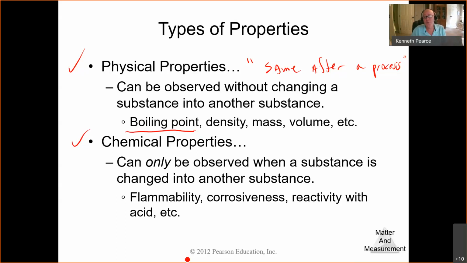If you're trying to determine the boiling point of ethanol, you heat it up until it starts boiling, but once it starts boiling, it's still ethanol. You put something on a scale, it doesn't stop being what it is. Okay, so that's a physical property. Chemical properties, as it says right here, are observed when the substance changes, so it's different after the process.